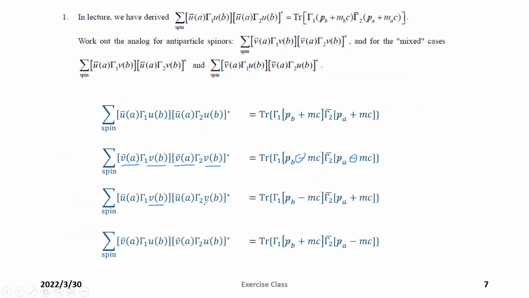And here particle B is an antiparticle spinor, so we just have to replace this by the minus sign. And similarly here, we just have to replace the minus sign for the A particles.